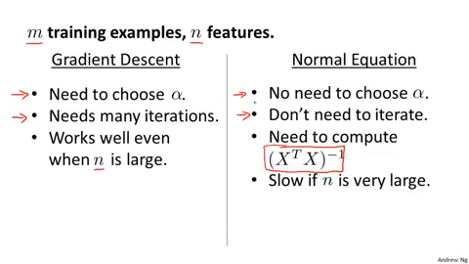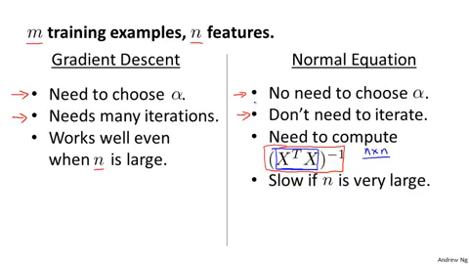This matrix X transpose X is an n by n matrix if you have n features, because if you look at the dimensions of X transpose and X, you figure out what the dimension of the product is. The matrix X transpose X is an n by n matrix, where n is the number of features.